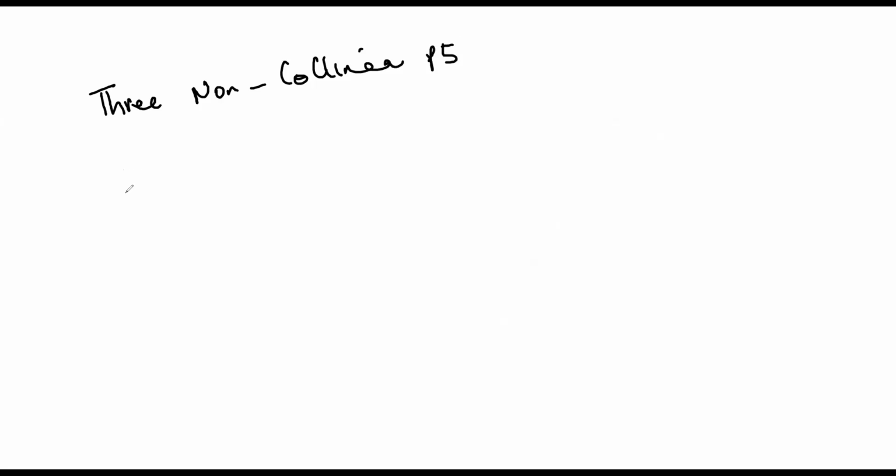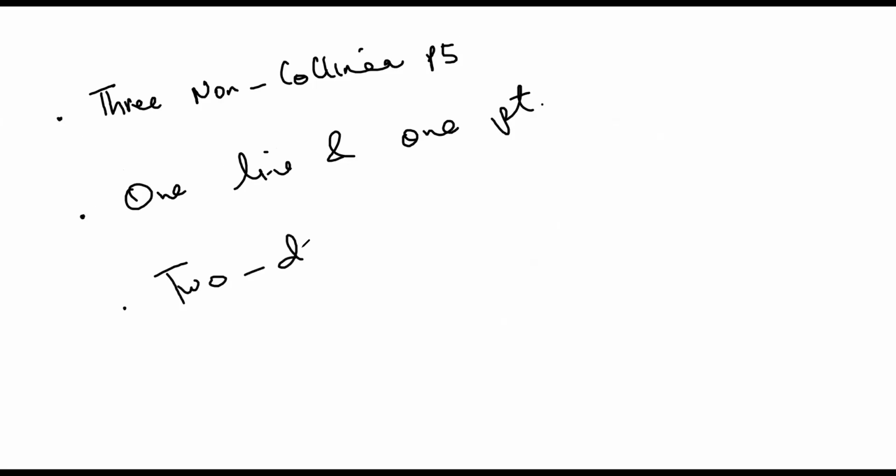Or we have one line and one point, the position vector of a point on the line. Or there are many cases over here basically. You can have two directions parallel to the plane.